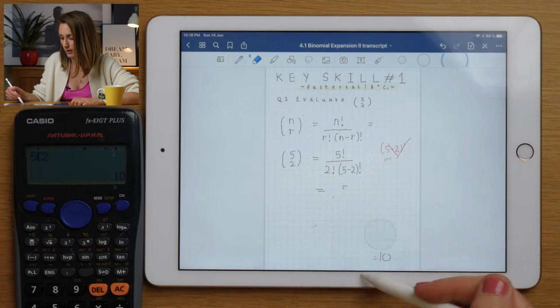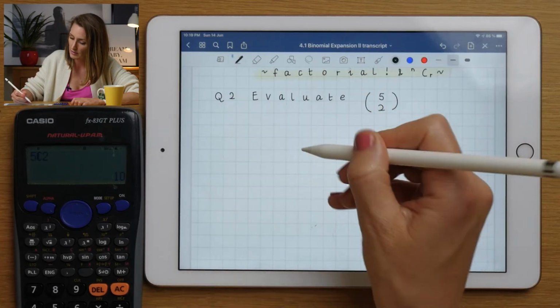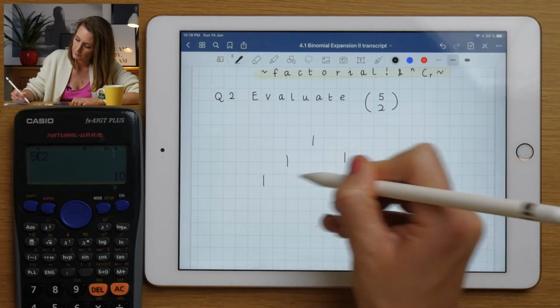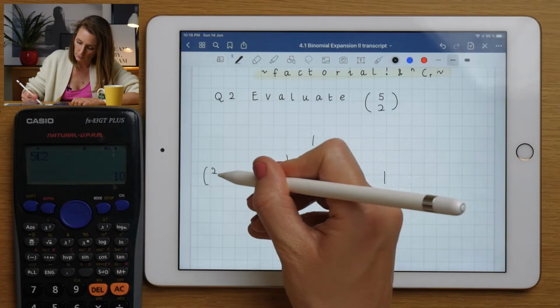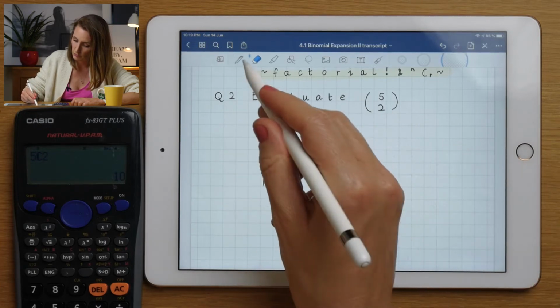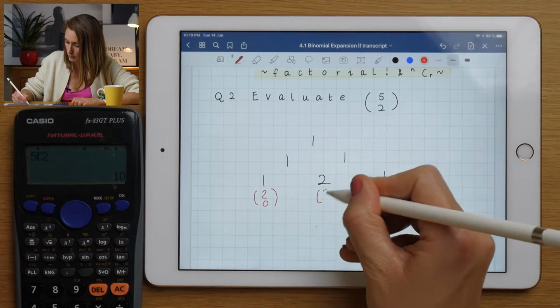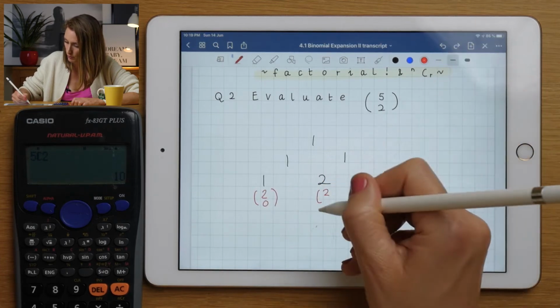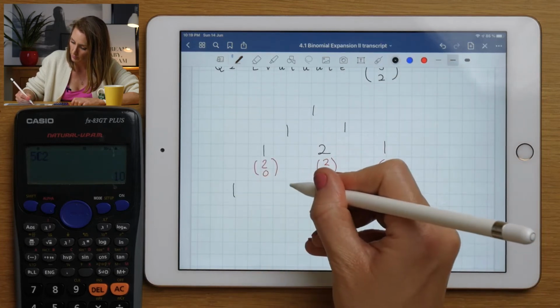Well, we already talked about it in the little intro video: Pascal's triangle. If I've got Pascal's triangle, this line relates to 2 choose whatever. So this would be 2 choose 0, 2 choose 1, 2 choose 2. Now we want to get to 5, so we've got to go a bit further.